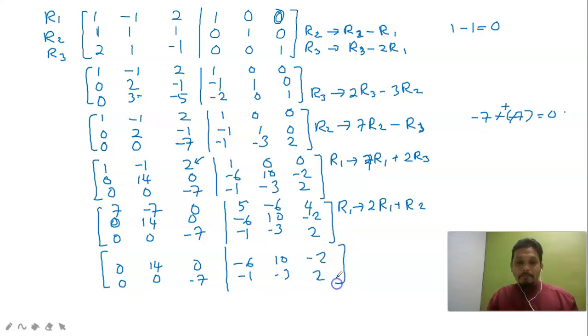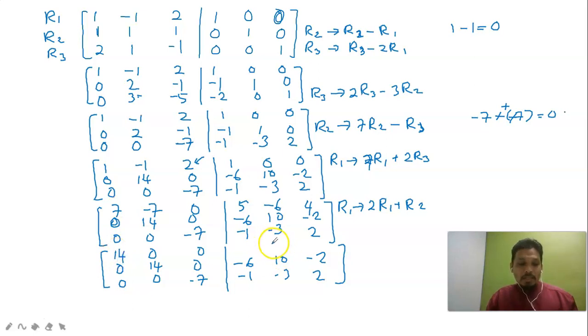Now 2R1: 2 times negative 7, negative 14 plus 14 equals 0, 0 with 0, 0, 2 times 7, 14.